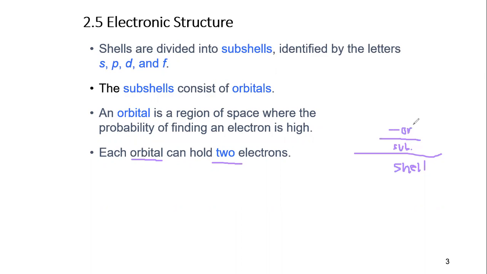So orbitals make up subshells, and the subshells make up the shell. So again, the shell is the energy level. The subshell is defined by these letters S, P, D, and F, which are kind of like the types of orbitals. And then within each subshell, you have orbitals in it. And each orbital can only hold a maximum of 2 electrons.